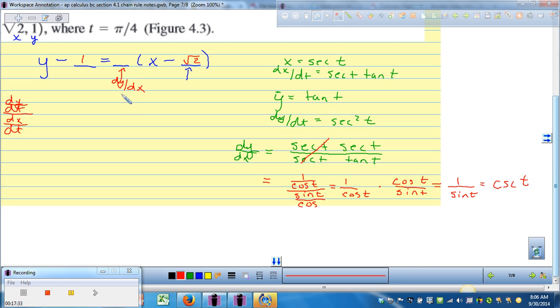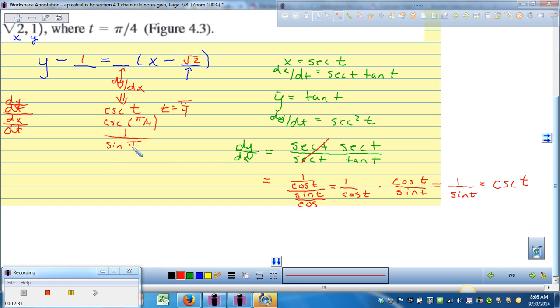So what we need here is cosecant t when t equals what? Pi fourths. So you do 1 over sine t, right? You can do 1 over sine t. Yes, so to figure it out, yes. Yep. So this is cosecant of pi fourths, which is 1 over sine of pi fourths.